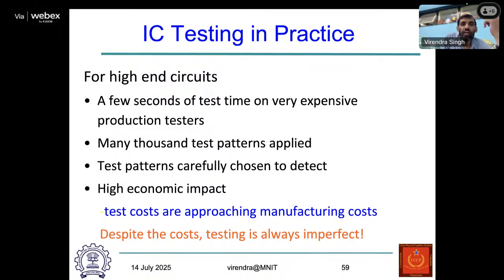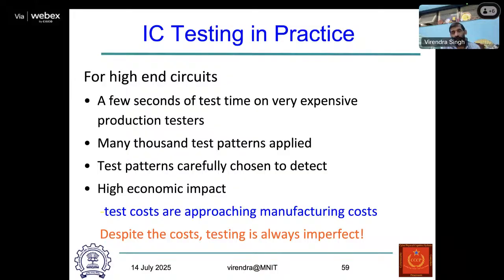So now, as I said a couple of minutes ago, in practice the test is more concerned about the high-end circuits which have lower yield. Say if yield is very high, say for example, the yield is 100%. That means no device is failing. That means even if I don't test and send it to the market, all devices will work, because my yield is very high.